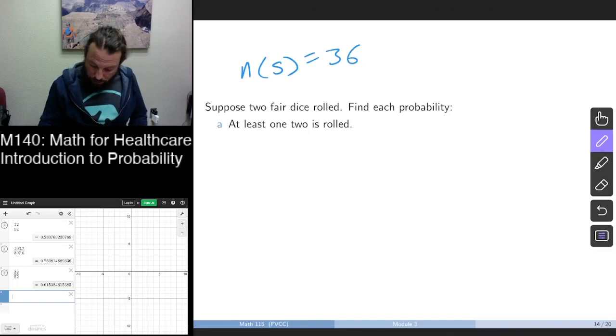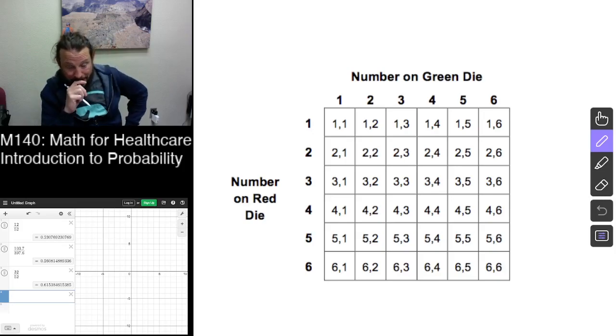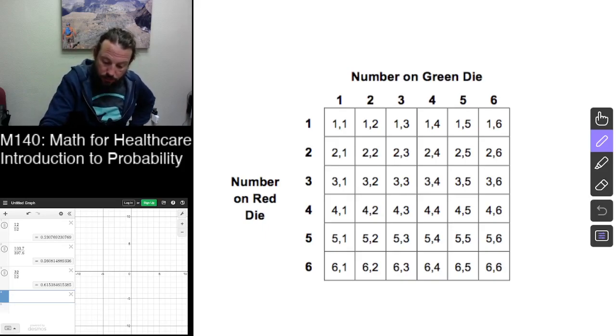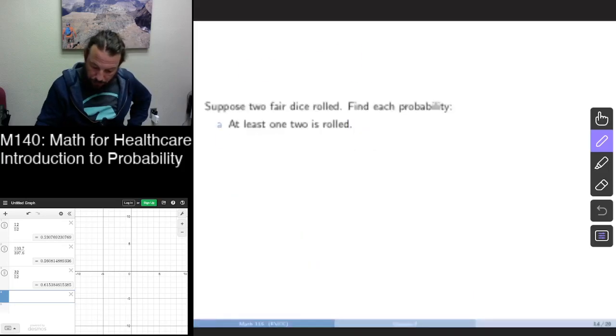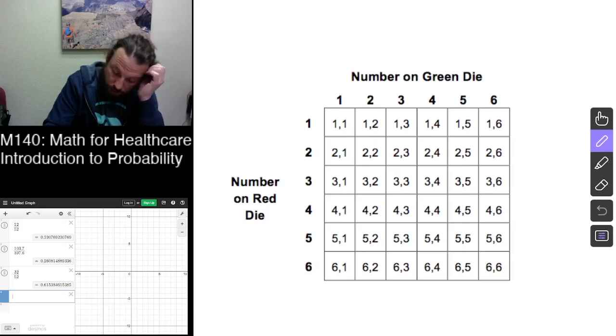Now, let's go and visualize this. This is your sample space. So here it's broken up into red die and green die. And we're finding at least one 2 is rolled. Let E be the event, at least one 2 is rolled.